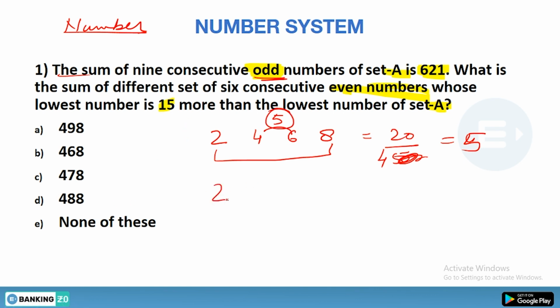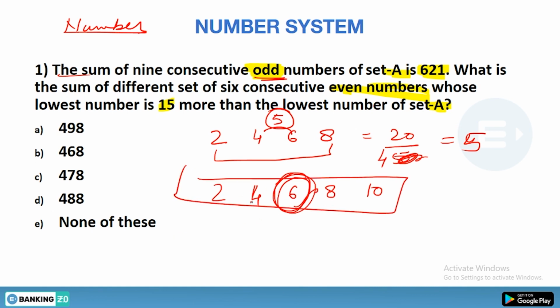Now what happens if the number of terms is 5? Then the average is itself the middle term. So if the middle term is 6, the average of these numbers will be 6, and the rest will be around the 6.